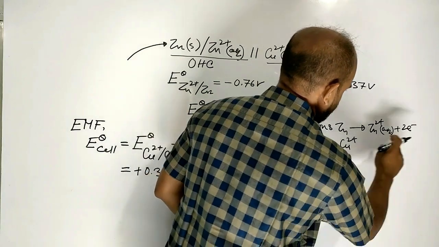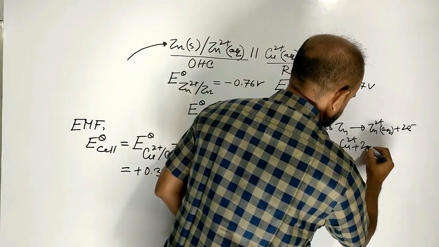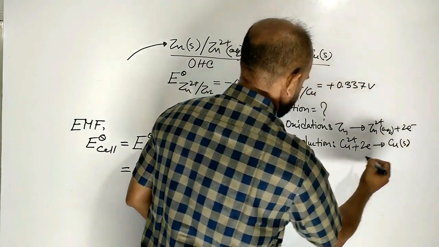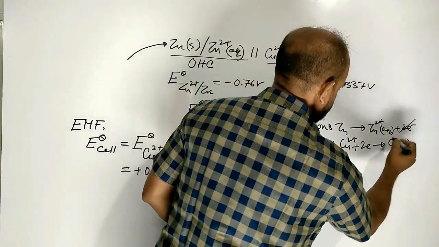Copper 2 plus accepts these two electrons to form solid copper.